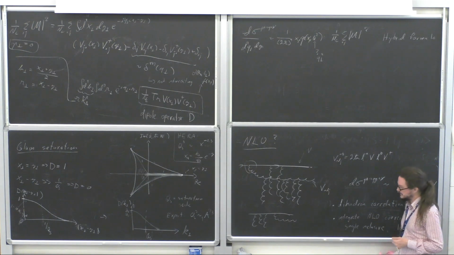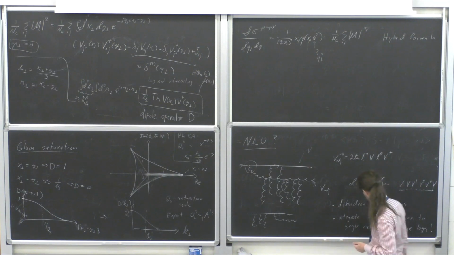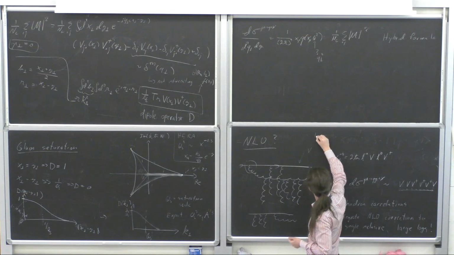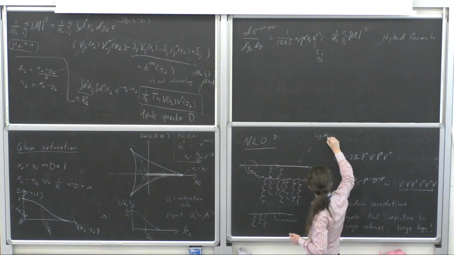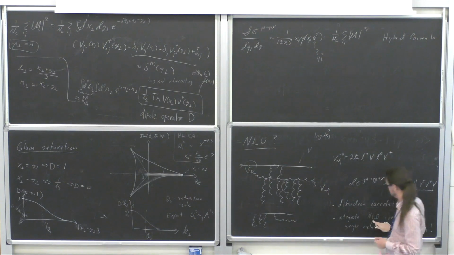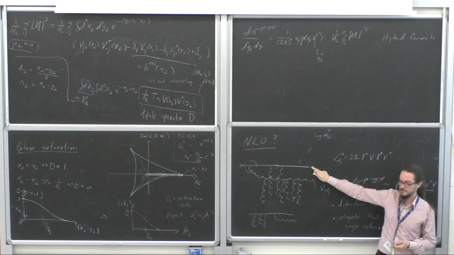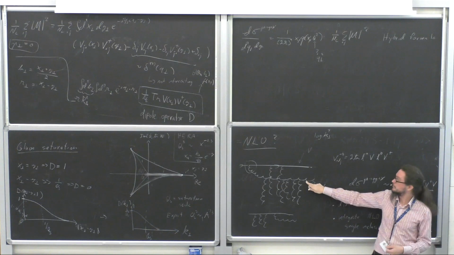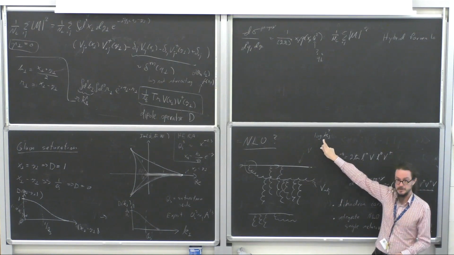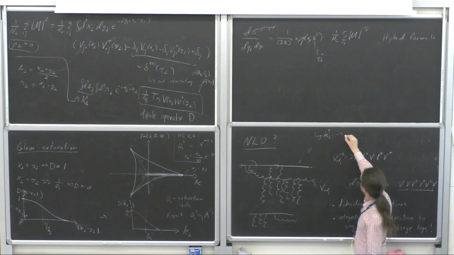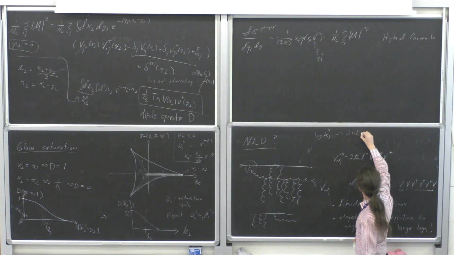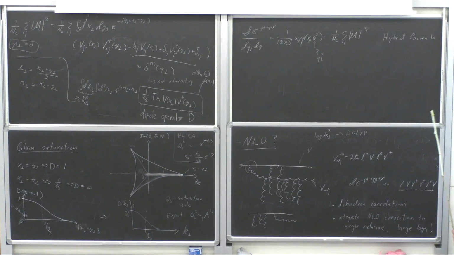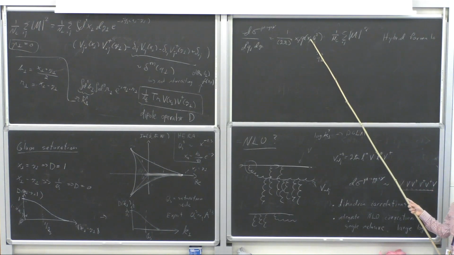In this case, there can be two kinds of large logs. There can be logs of transverse momenta. If you integrate over the transverse momentum of this gluon, you can pick up a large transverse log, and that is something that is absorbed into the DGLAP evolution of this guy.